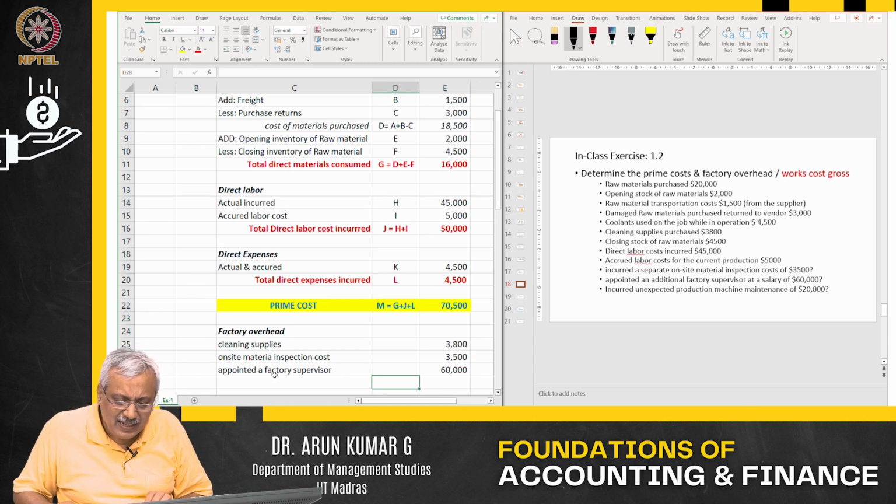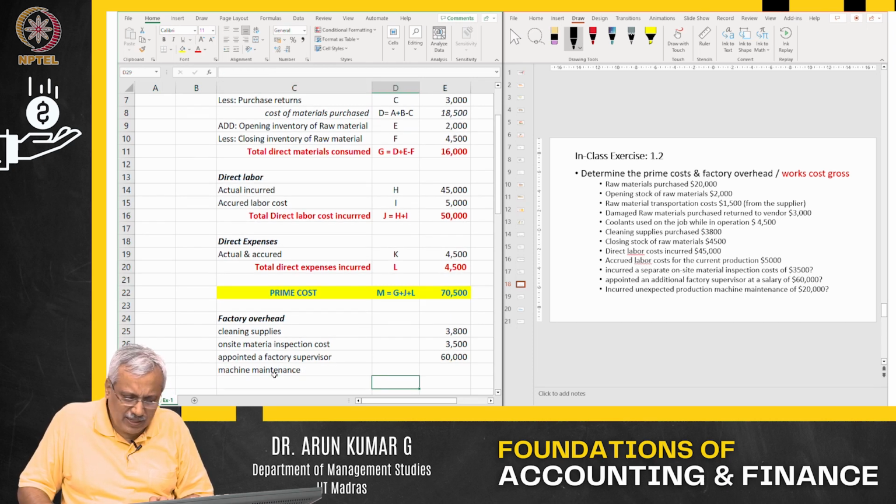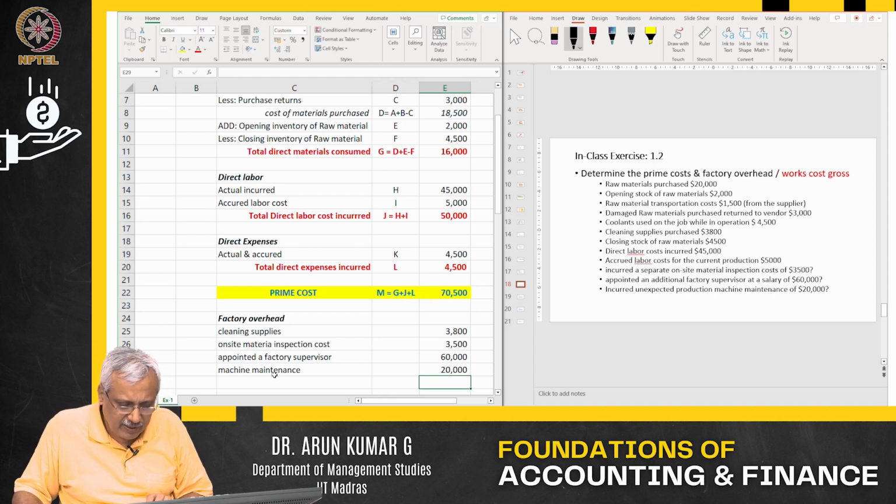Next, I see incurred unexpected production, machine maintenance out there. So, what happens? Machine maintenance, what is the amount incurred? $20,000 is the amount that is incurred in this case.